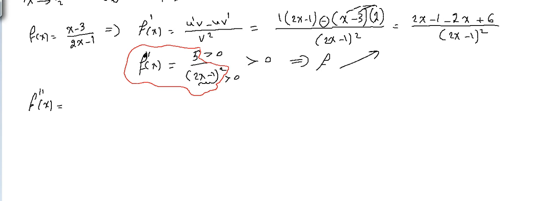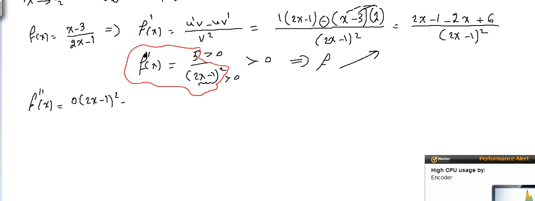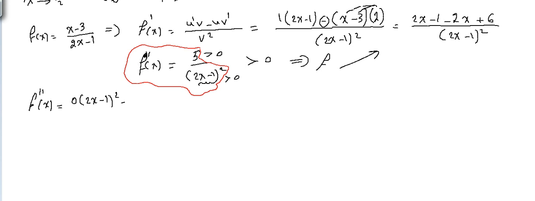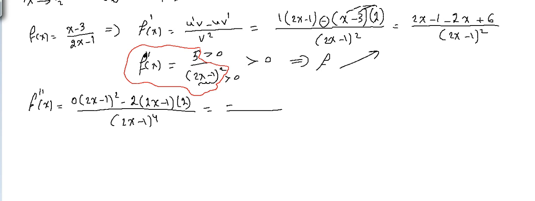It will be the derivative of 5, which is 0, times 2x minus 1 squared, minus the derivative of 2x minus 1 squared, which is 2 times 2x minus 1 times the derivative of 2x minus 1, which is 2, over 2x minus 1 to the power 4. Then it is equal to minus 4 times 2x minus 1 over 2x minus 1 to the power 4.